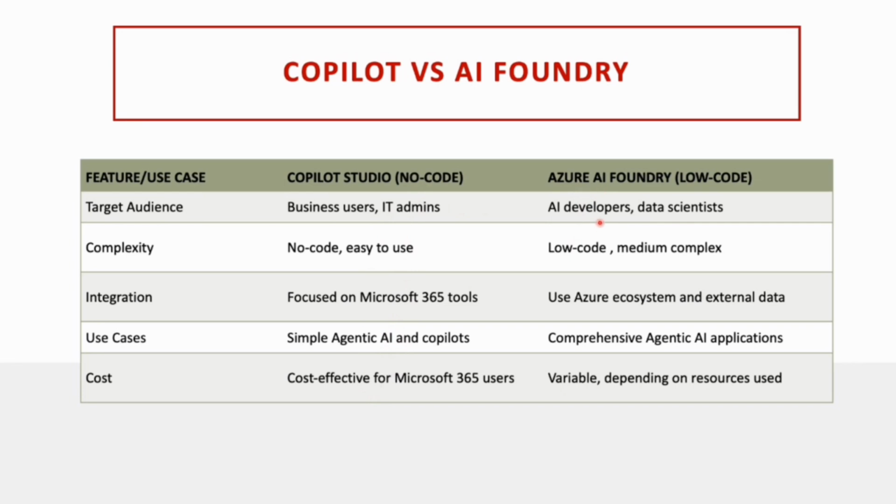It's low code still, so you can do quick development. It's a single unified platform, but it's still medium complex, and you can write complex code if needed. It runs off the Azure ecosystem, and the costing is dependent on that, and we're going to see it later. But you can really build comprehensive agentic AI applications, and cost, as I said, could be variable depending on the resources used.